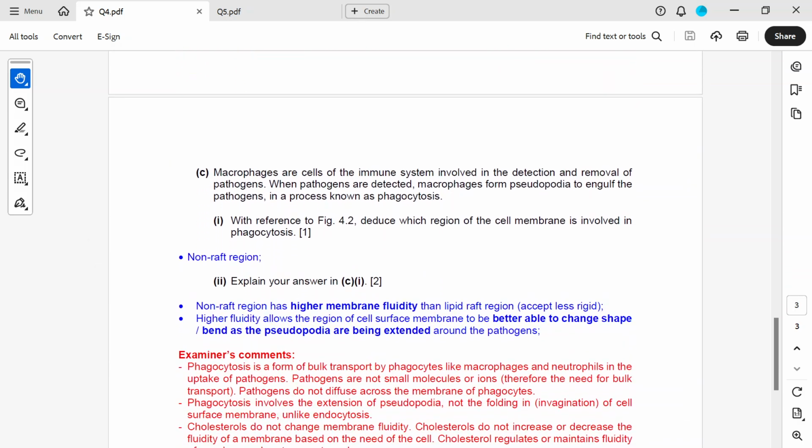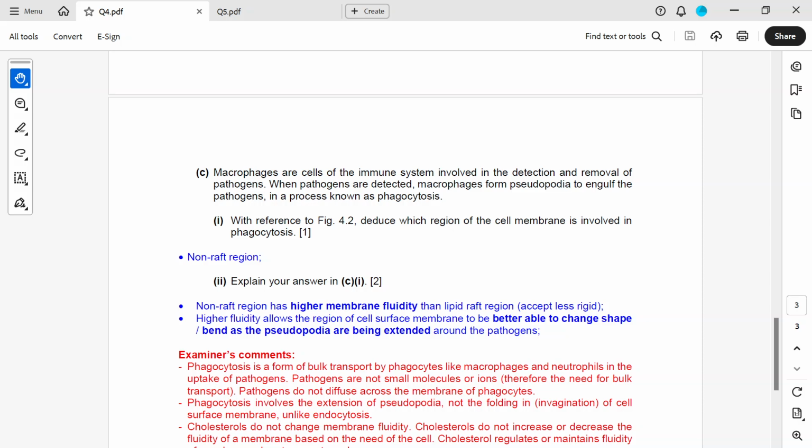Okay, then part C is on phagocytosis. So phagocytosis involves the extension of the pseudopodia. The word is extension of the pseudopodia to surround the pathogen, and put the pathogen in a phagosome and engulf the pathogen into the macrophage or the neutrophil or any other phagocytes.